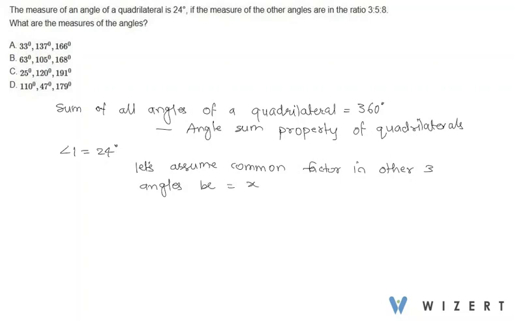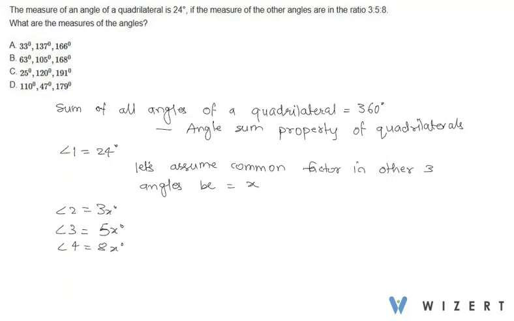So what do we get? Angle 2 will be 3x degrees, angle 3 will be 5x degrees, and angle 4 will be 8x degrees, right?